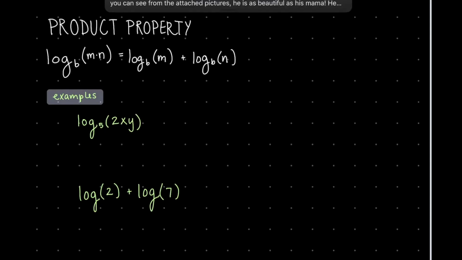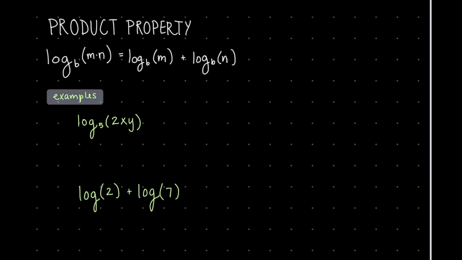So log base 5 of 2 times x times y is going to be log base 5 of 2 plus log base 5 of x plus log base 5 of y. So each thing being multiplied together gets its own log.